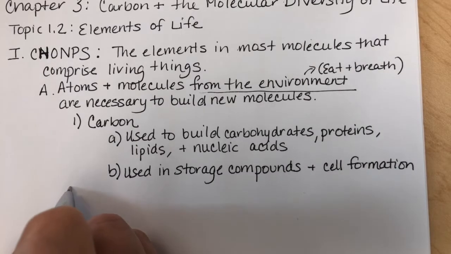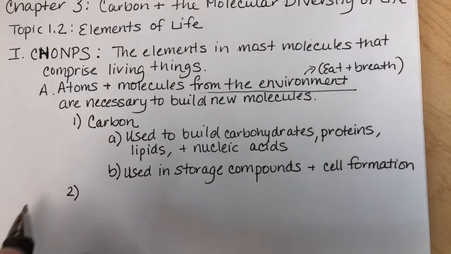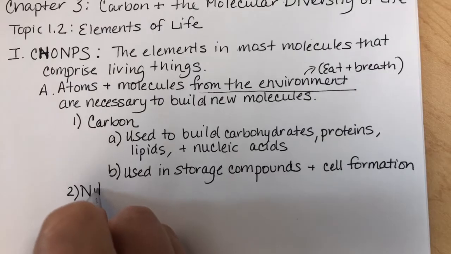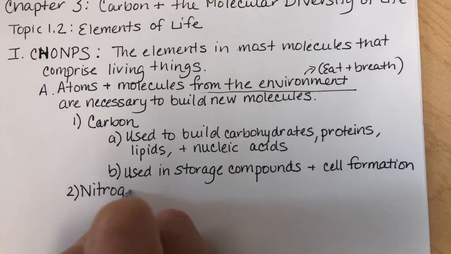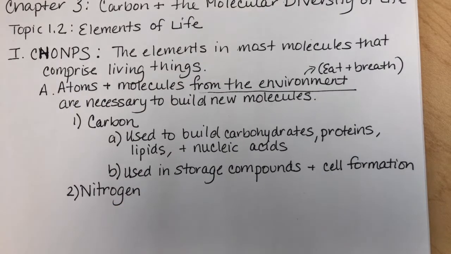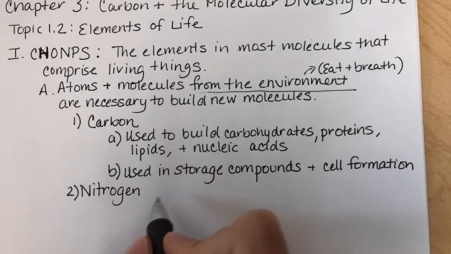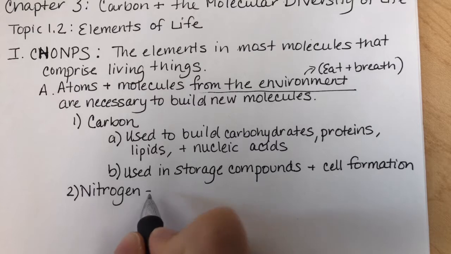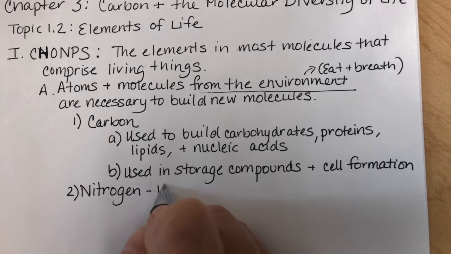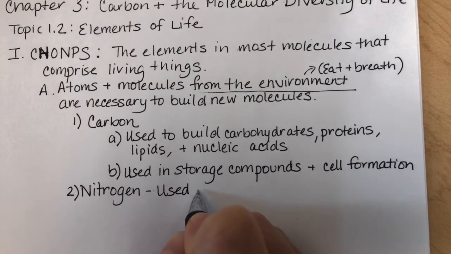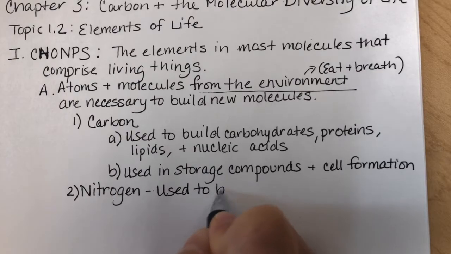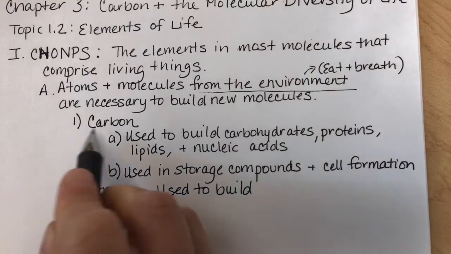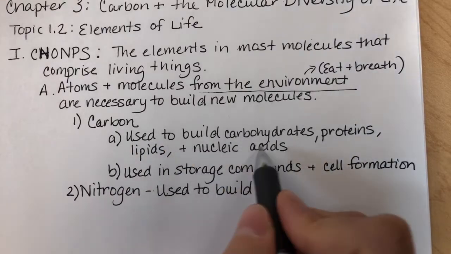All right, so let's look at another important element besides carbon. Another one is nitrogen. Nitrogen is just N, abbreviated on the periodic table. So nitrogen, I'm not going to put an A and a B underneath there because we don't have an A and a B. We're just going to write, this is important, it's used to build, just like carbon, but it's not as versatile as carbon.